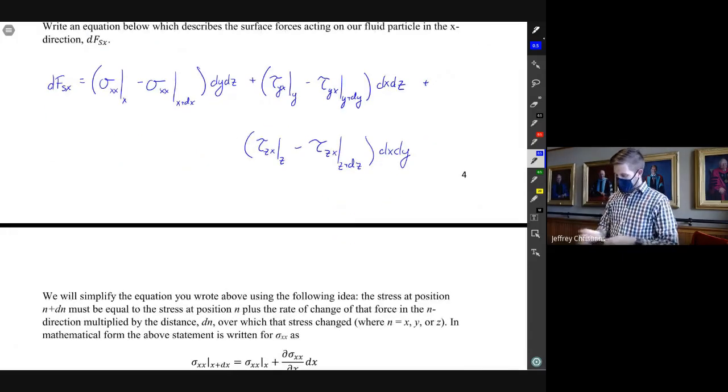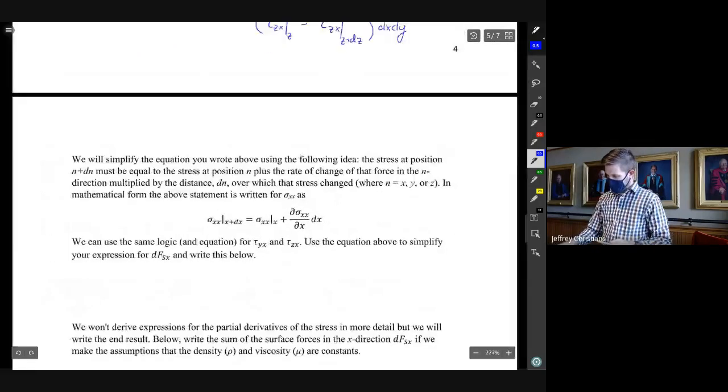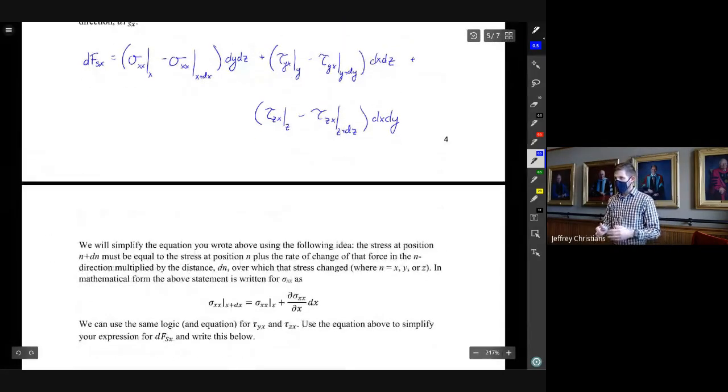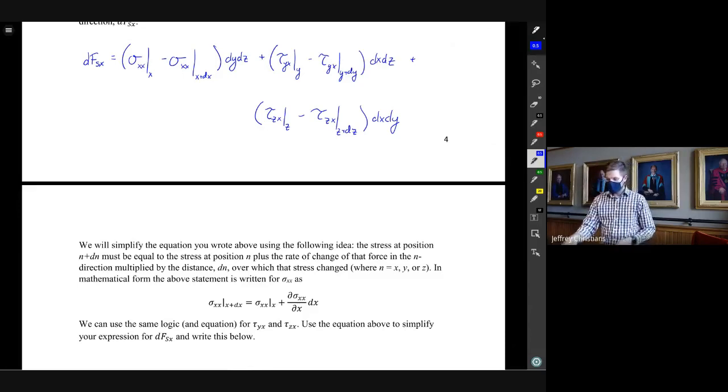What we're going to do is simplify this equation, because we can compare the stress on one side to the stress on the other side. They're not totally unrelated, because the stress on one side is equal to the stress on the other side plus the difference between the two. So that's what we're saying here.